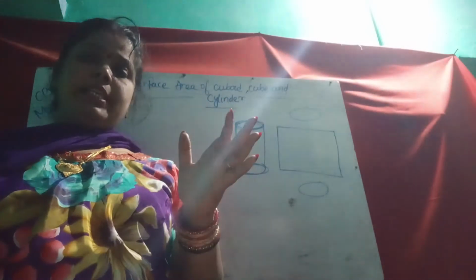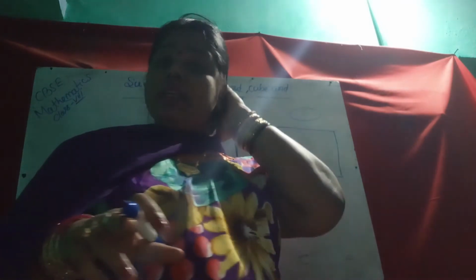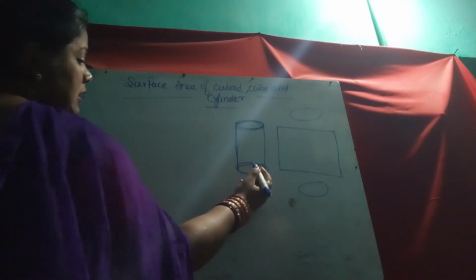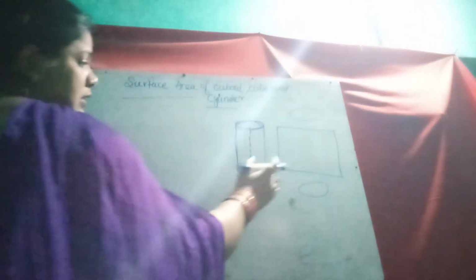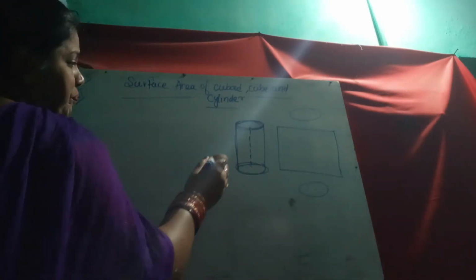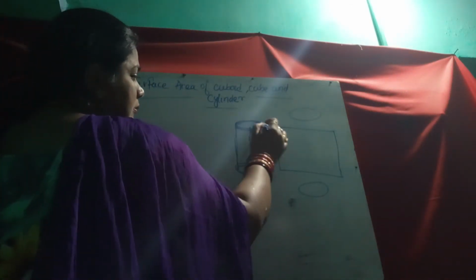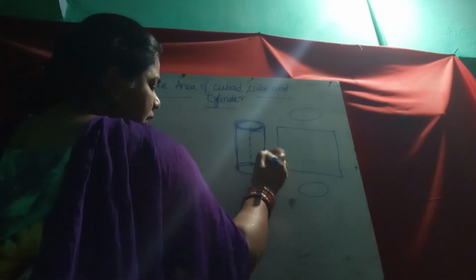So for the complete surface area, when we cut the cylinder, we get such type of figure. Here, suppose this is a circle, this is a circle, and this is the height.